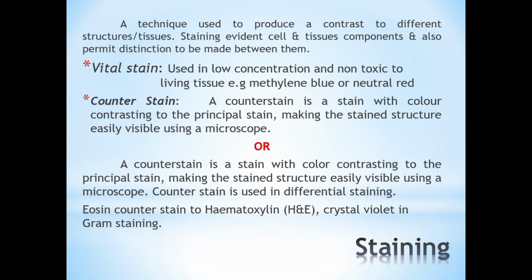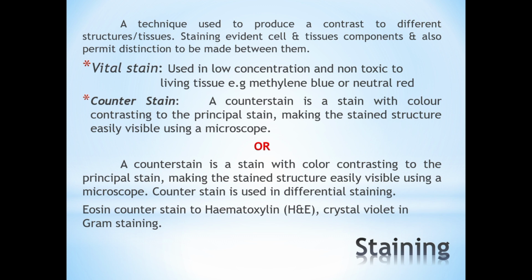Then another classification is vital stain. Those stains that do not harm living tissues are called vital stains, or stains used in low concentration and non-toxic to living tissues. For example, methylene blue or neutral red are examples of vital stains.